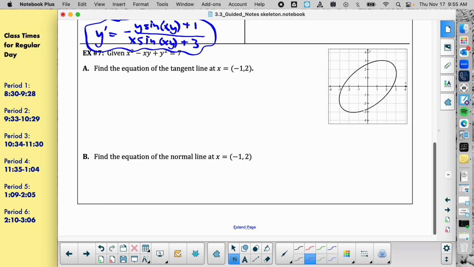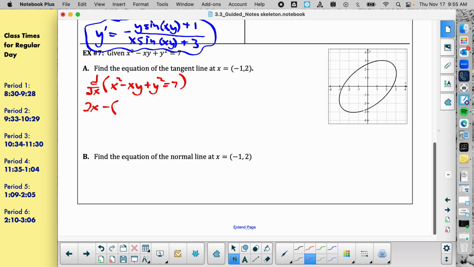Okay, but so x squared minus xy plus y squared equals 7. So we are absolutely starting off by taking the derivative of it because a tangent line needs slope and a point. We were told the point. We just need a slope. So derivative of x squared minus xy plus y squared equals 7. Derivative of x squared, 2x times x prime or dx/dx.